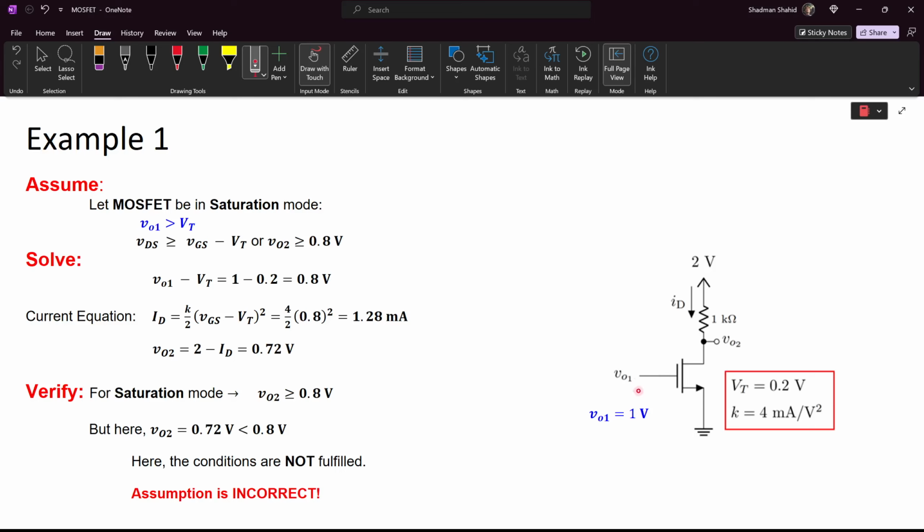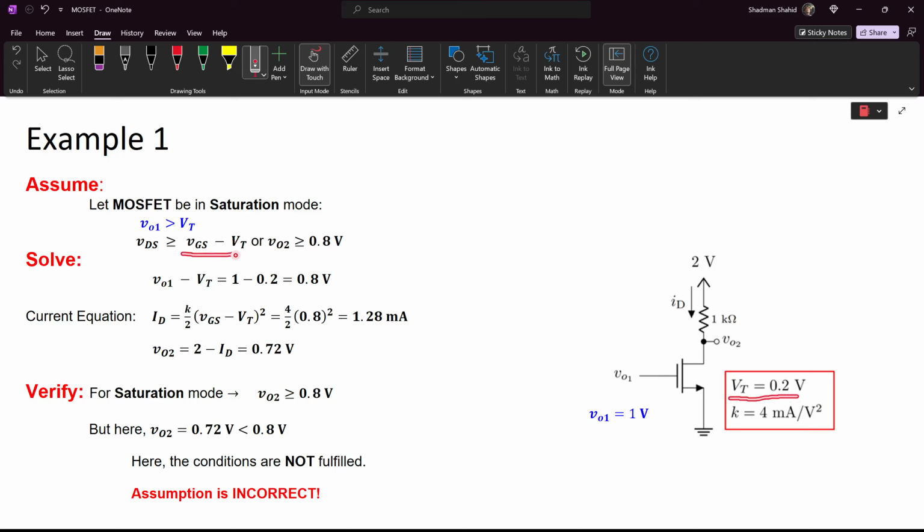So if we assume saturation mode of operation, then clearly VO1 is greater than the threshold voltage, and VDS, which is basically the voltage VO2 in this circuit, should also be greater than the overdrive voltage defined as VGS minus VT. Now VGS is 1 volt and VT is 0.2 volt.